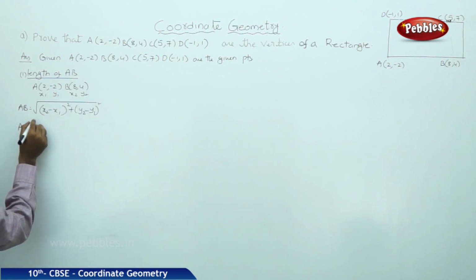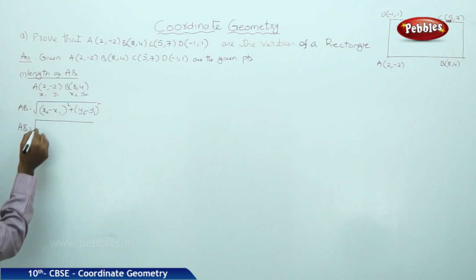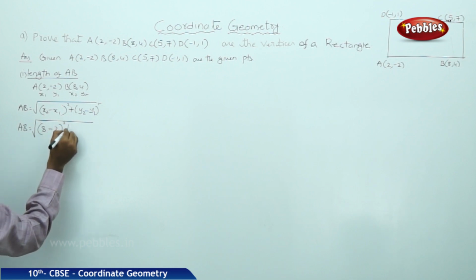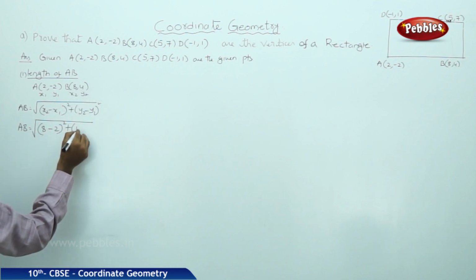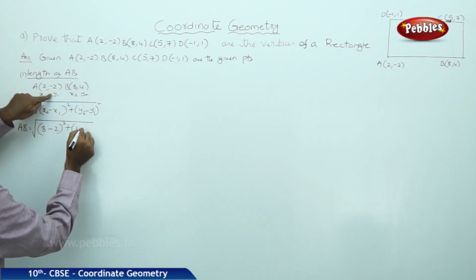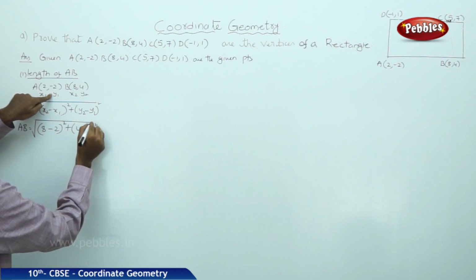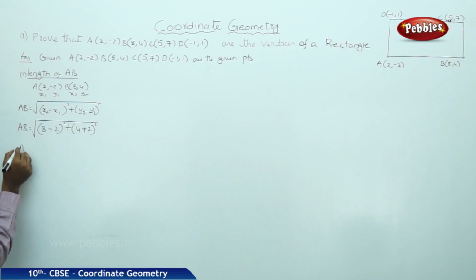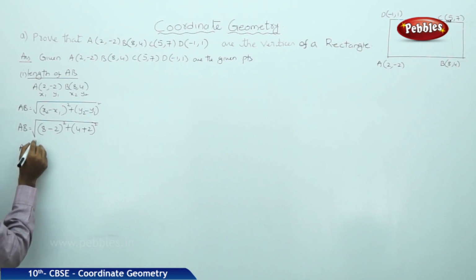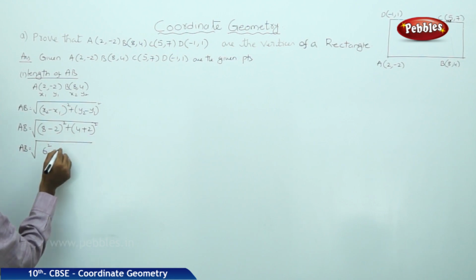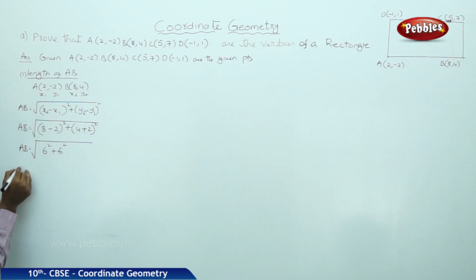That is AB is equal to root over x2 8 minus x1 2 whole square plus y2 4 minus y1 minus 2, that is 4 plus 2 whole square. That is AB is equal to root over 6 square plus 6 square.